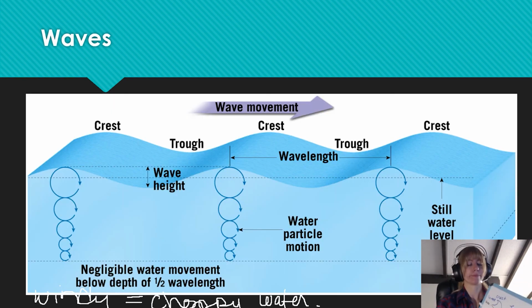So, here is the crest of two waves. If we were to measure the distance between them, we would have our wavelength.